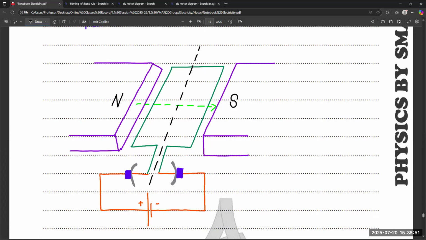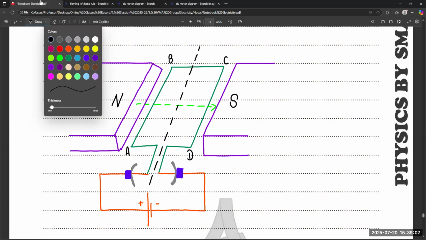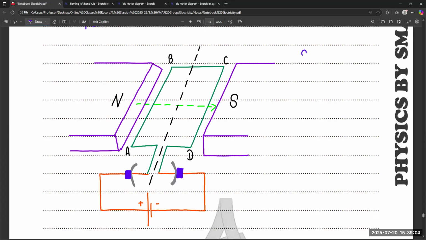Now if you only consider one side, let's suppose A, B, C, D, and for example we are only talking about side AB.